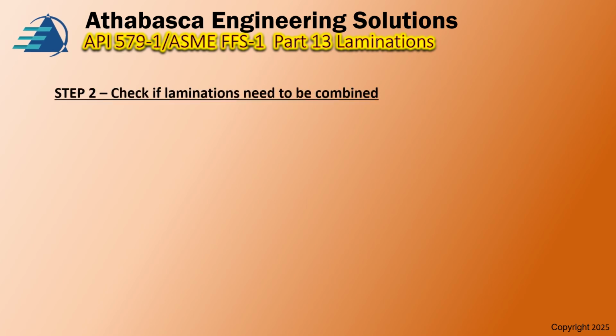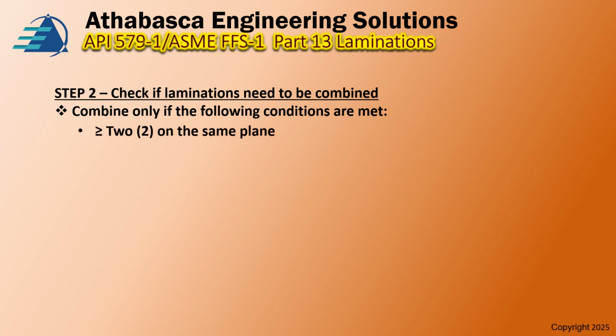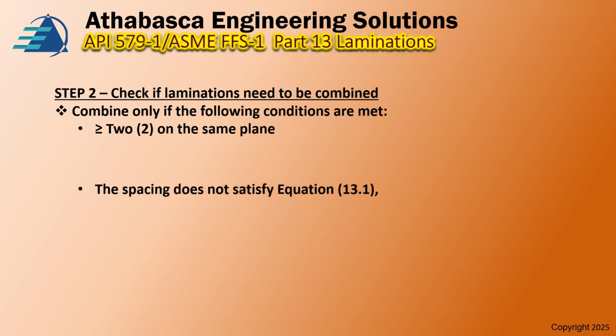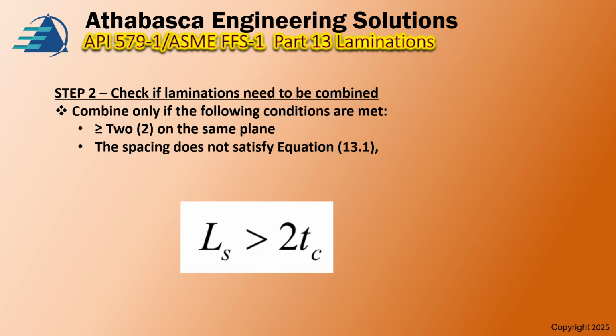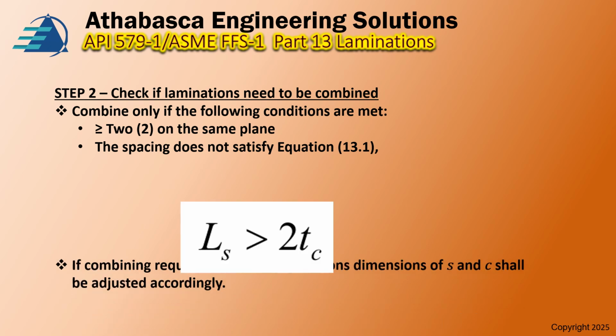We want to check to see whether these two laminations that we found need to be combined. We combine only if the following criterion is met. There has to be at least two on the same plane of laminations, and the spacing does not satisfy the 13.1 equation, which is shown here. So we continue.